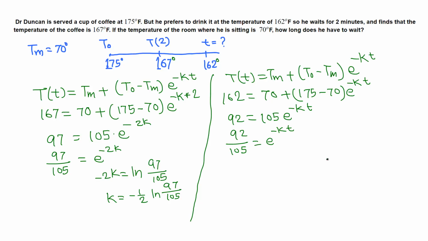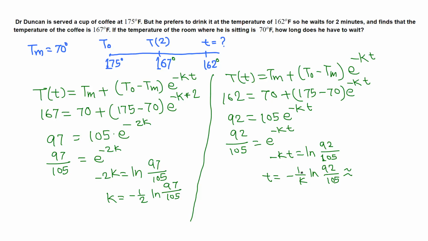So negative kt equals natural log of 92 over 105. Now divide by negative k, and the value of k is here, so negative k is just without the negative. So t equals negative 1 over k, when we divide by negative k, of natural log 92 over 105.